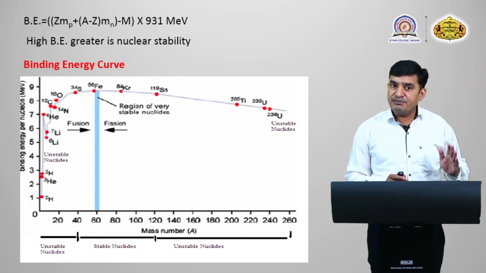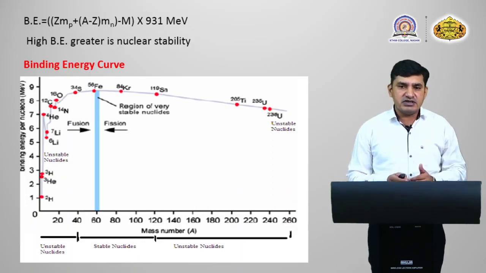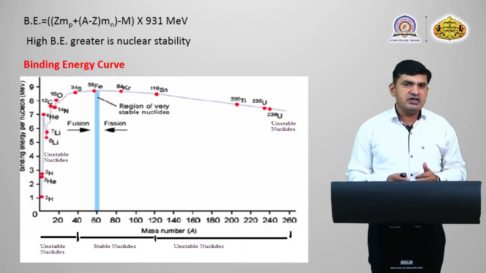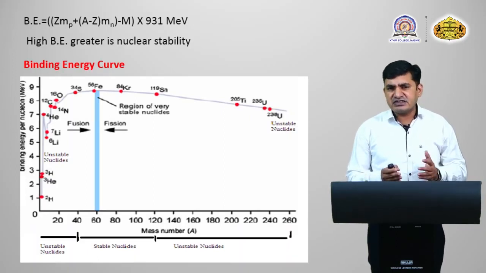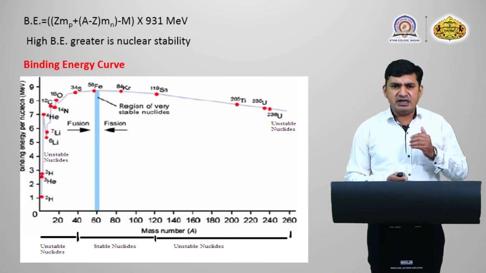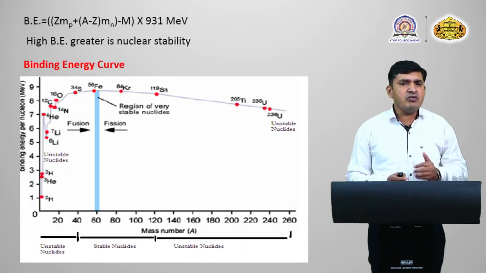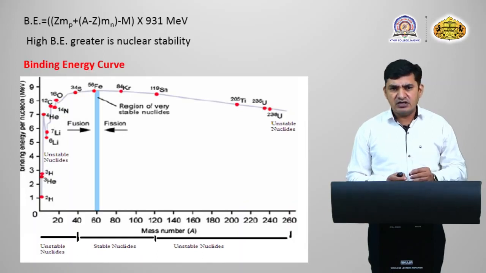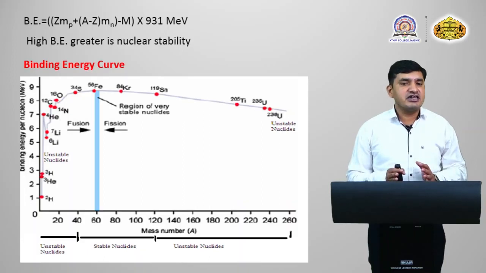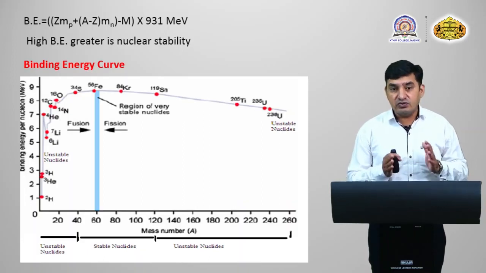So, it is represented along the y-axis and mass number is represented along the x-axis. Here, from this graph, we can say that the elements which have mass number up to 40 have unstable nuclei.